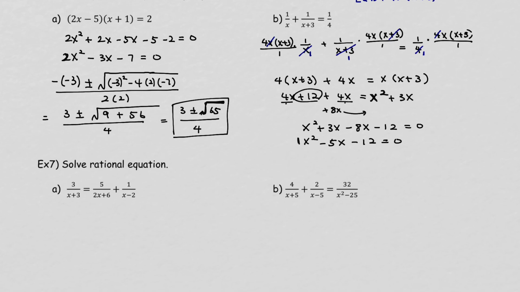So if it's not factorable, then completing the square means 12 moves to the other side. And I will have adding b over 2 squared, which my b in this equation is negative 5. So it will be 25 over 4.